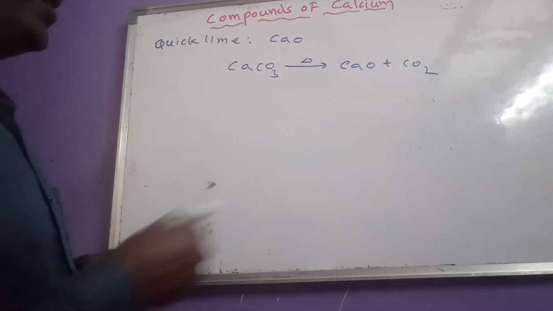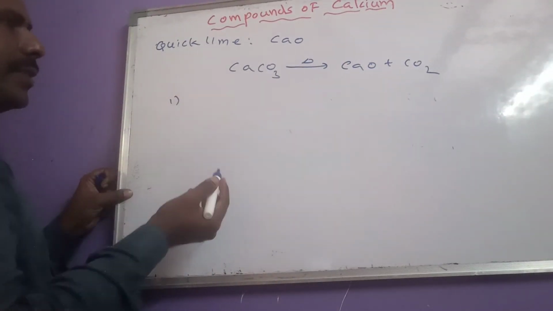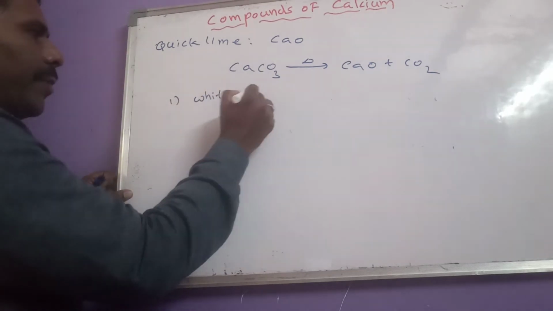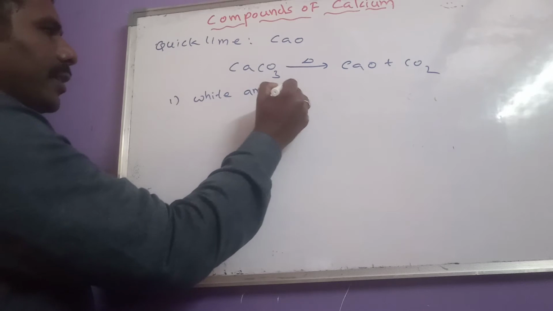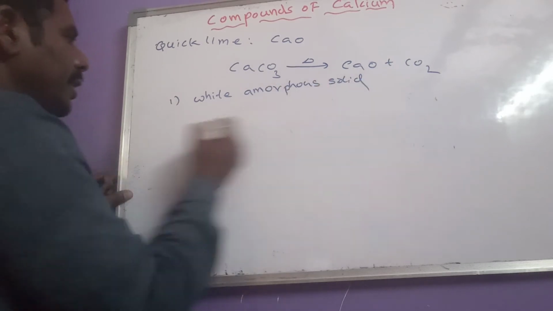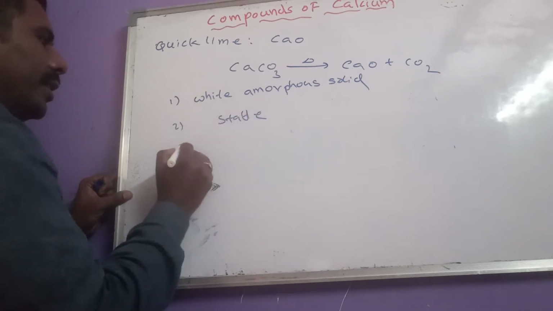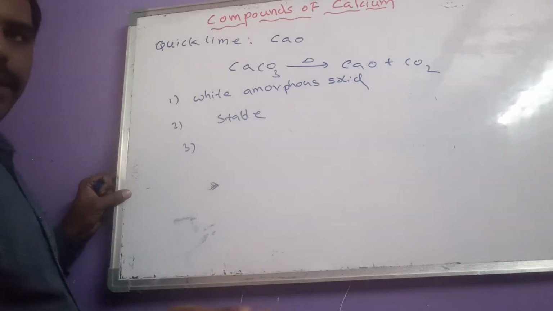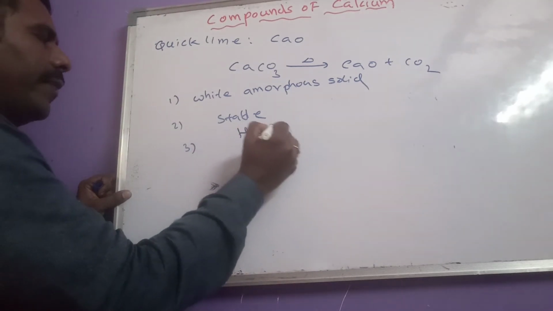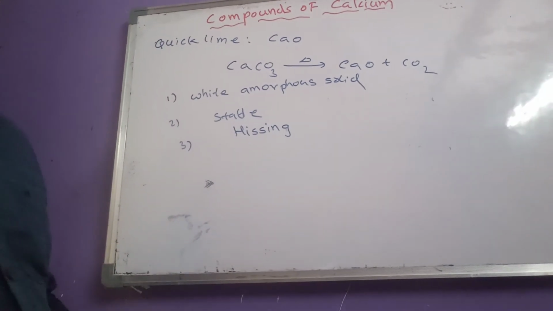And let us see the properties of CaO, quicklime. It is a white amorphous solid, and it is thermally stable. It is highly soluble in water, but when dissolved in water, it gives a hissing sound.